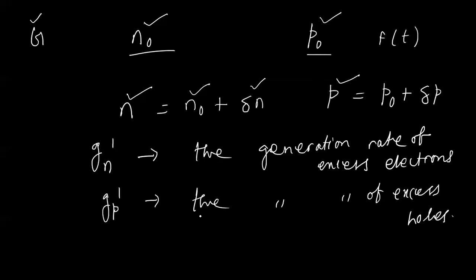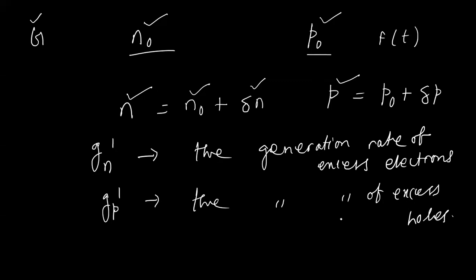If you want to write the unit of generation rate, it means the number of electrons or holes created per unit volume, per unit time. Rate means with respect to time, and number is always referred to per unit volume.